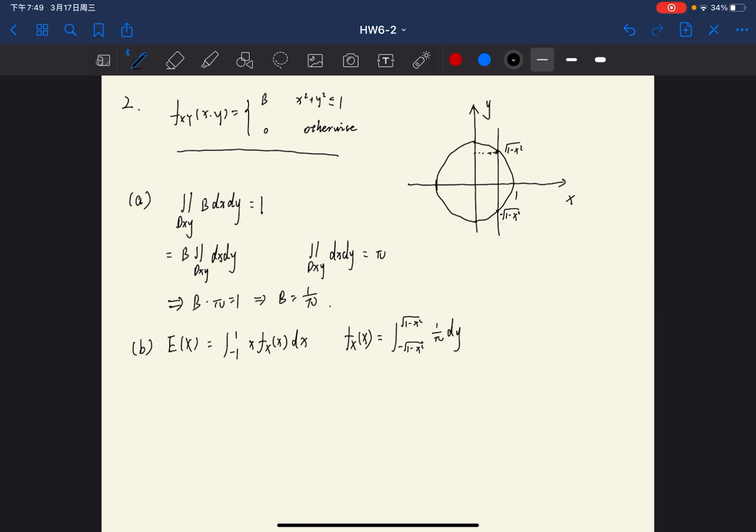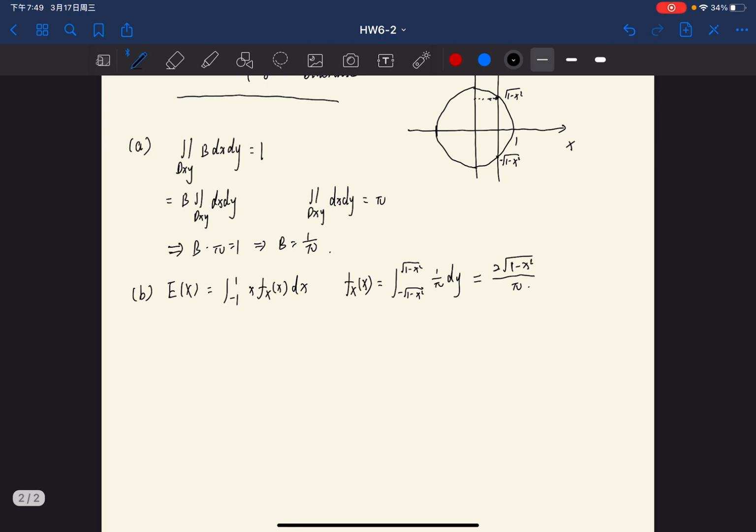And so we can obtain the probability density function of x, and it equals to 2 multiplied by square root of 1 minus x to the power of 2, divided by pi.